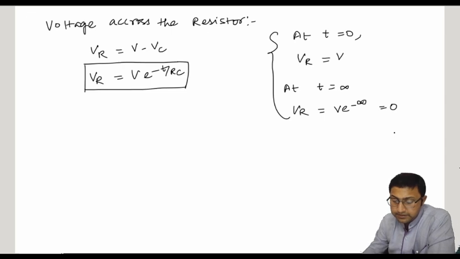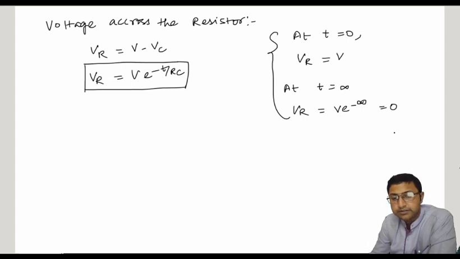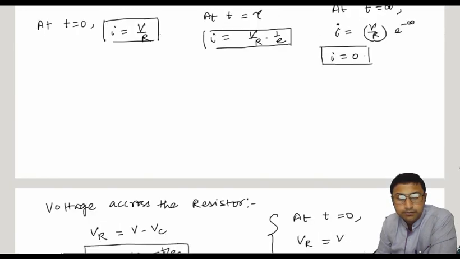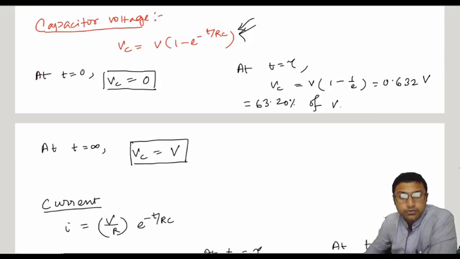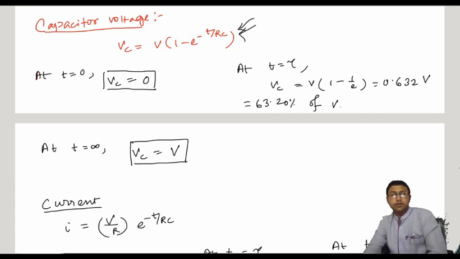So the resistor voltage is V at t equal to 0, and at t equal to infinity it falls to 0. Okay, so this is mainly the two things, because the capacitor voltage at t equal to 0 is 0, and at t equal to infinity it is the supply voltage, right?